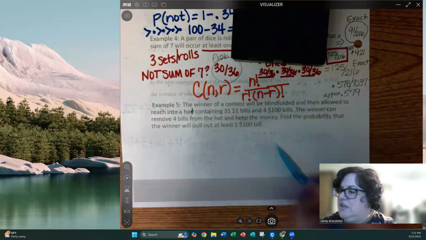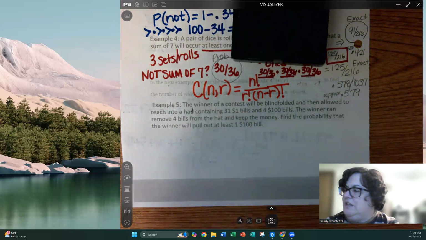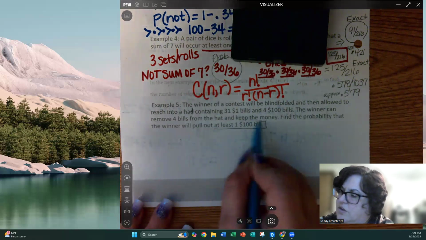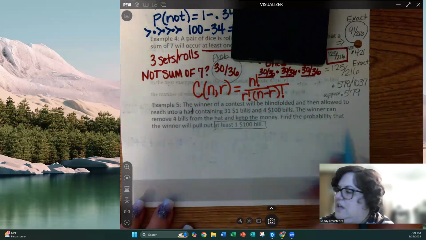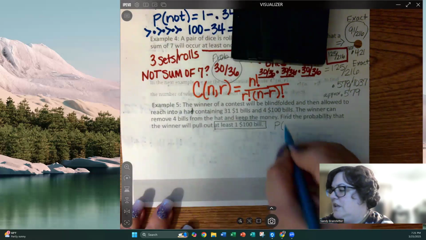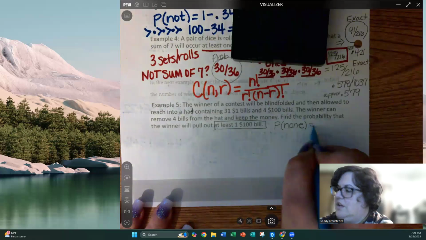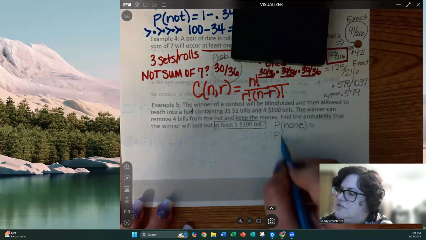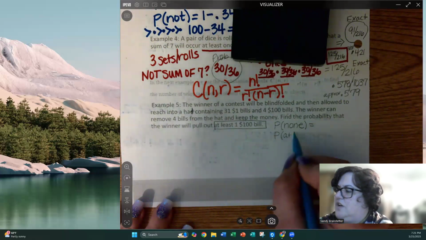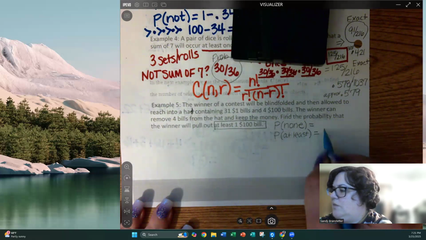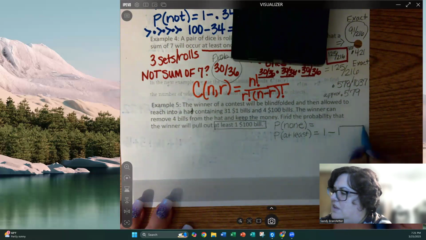Find the probability that the winner will pull out at least 1 $100 bill. Again, we're going to find the probability of none and then use that to find our at least by taking 1 minus that answer.